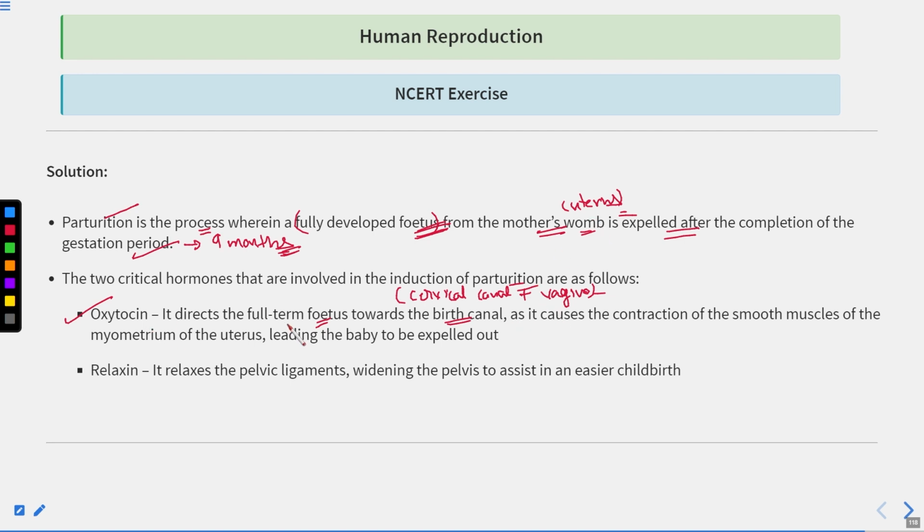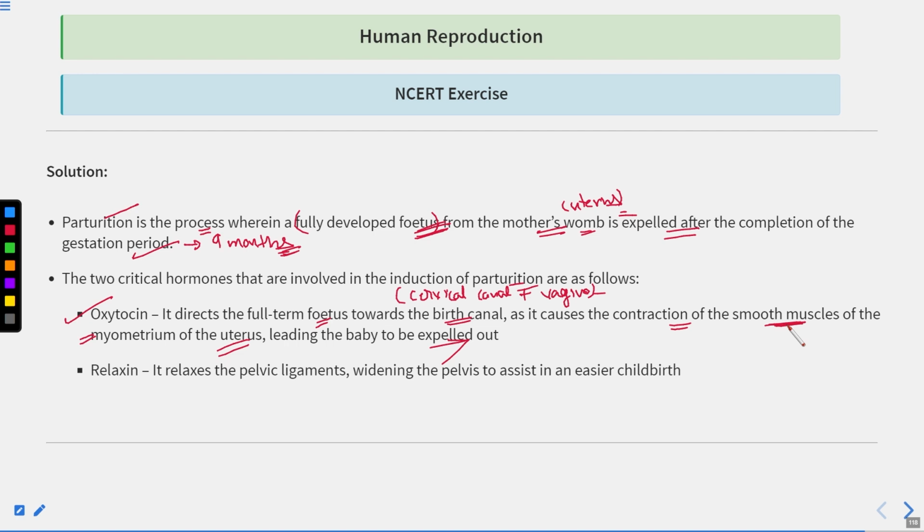Now, it directs the fetus towards the birth canal as it causes the contraction of the smooth muscles of the myometrium of the uterus, leading to the baby being expelled out. The myometrium is one of the layers of the uterus. It's the middle layer, and it is made up of smooth muscle cells. Why is it made up of smooth muscle cells?